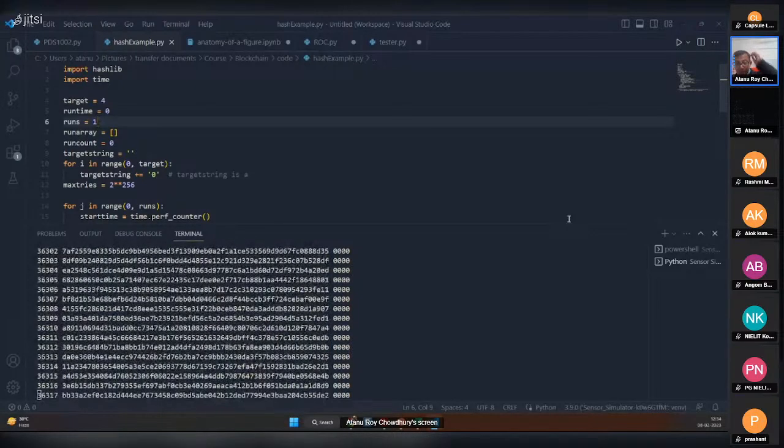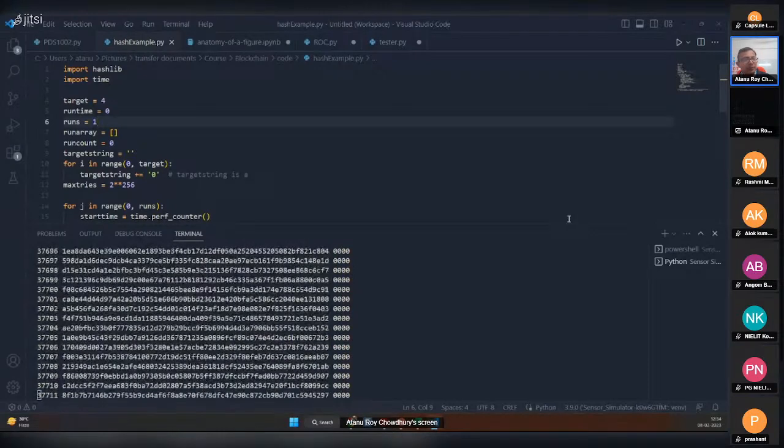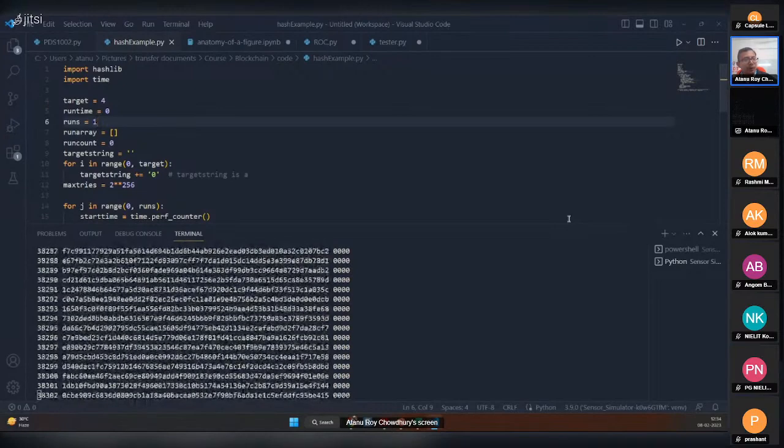I think you get the point, but I want this to come to a logical conclusion and find at least one solution. Remember, we were averaging about 1,700 searches for a proof of work of three.